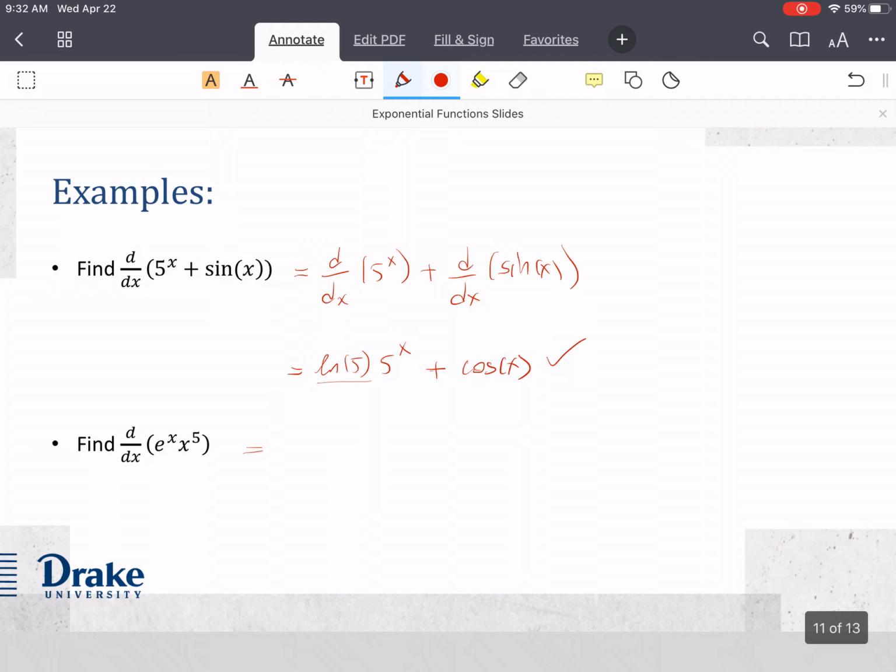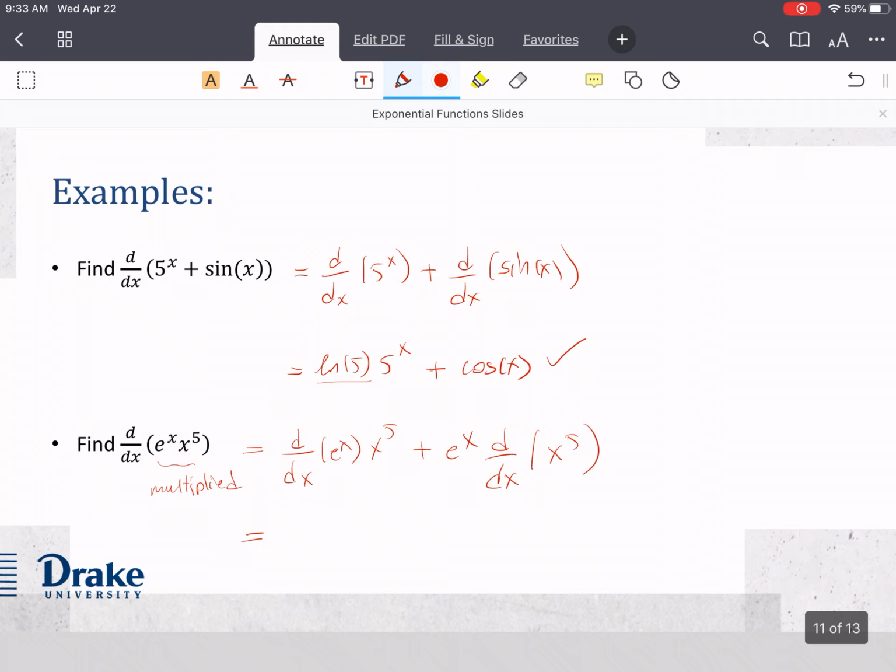Another example I have is d over dx of e to the x times x to the 5. So you realize these two are multiplied, so I have to use the multiplication rule. So I'm going to do the derivative of the first, e to the x, times the second term, plus the first term times the derivative of the second.